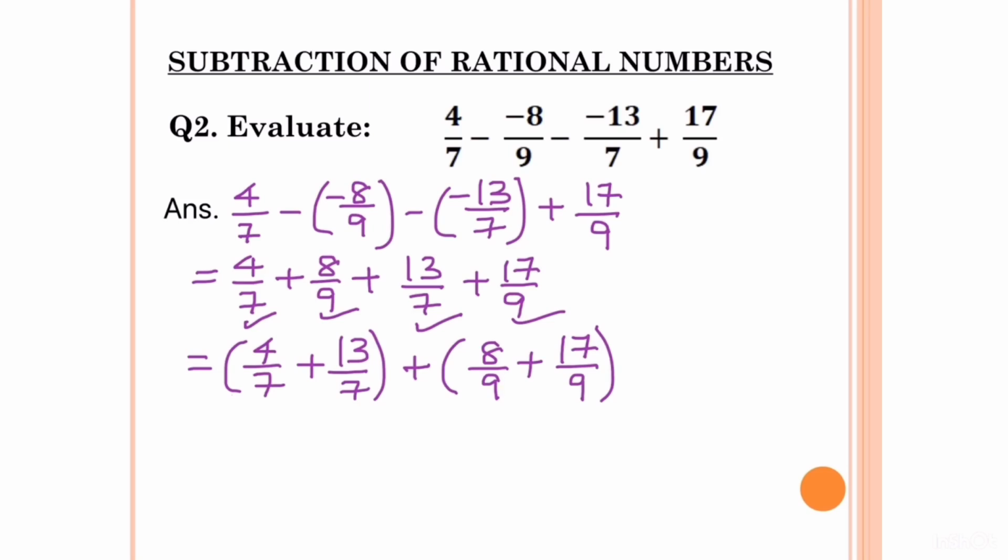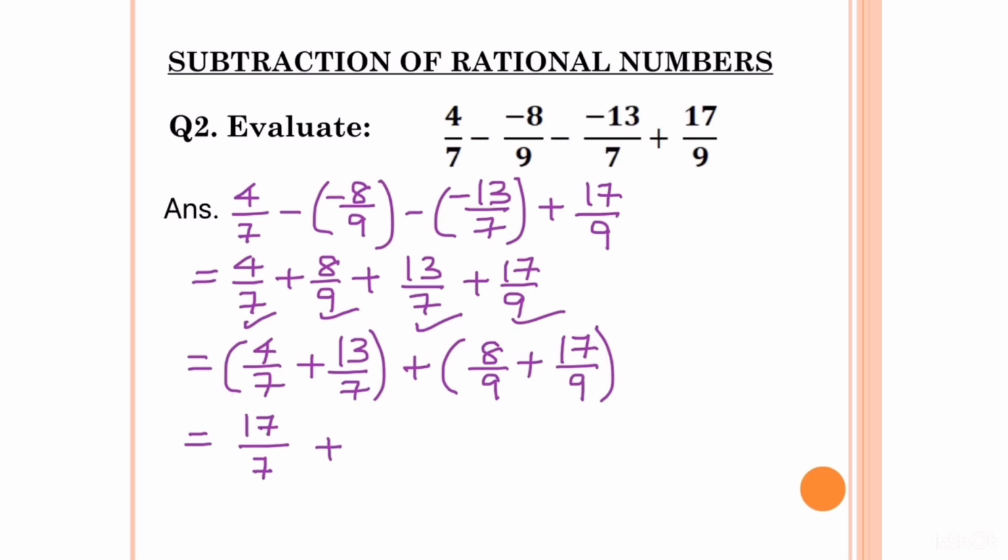Now this expression is equal to, the denominator is the same inside both the brackets. Denominator is 7, which is a common denominator. We'll add the numerators. 4 plus 13 is 17.